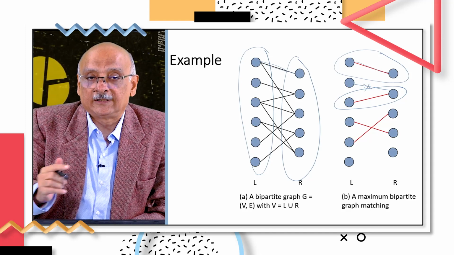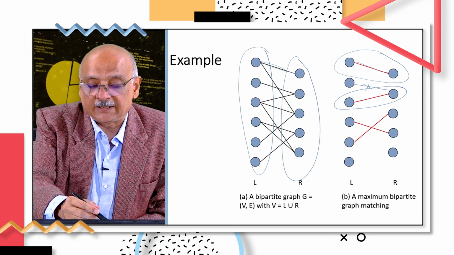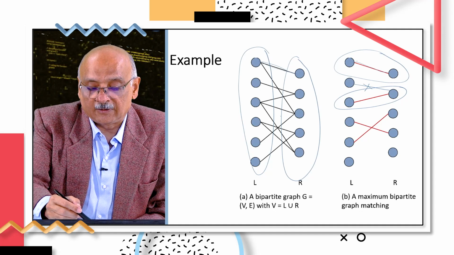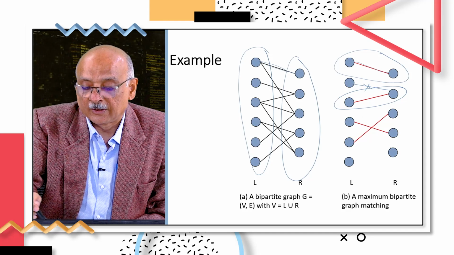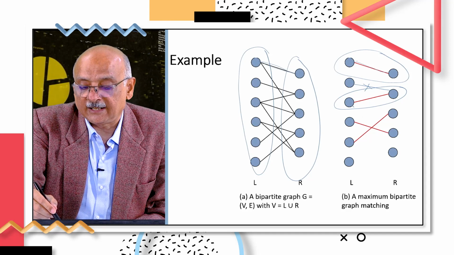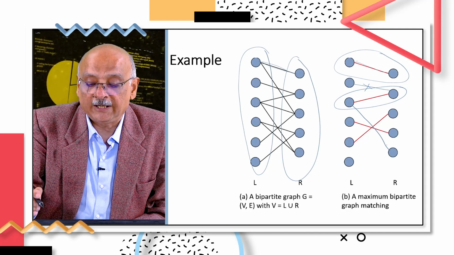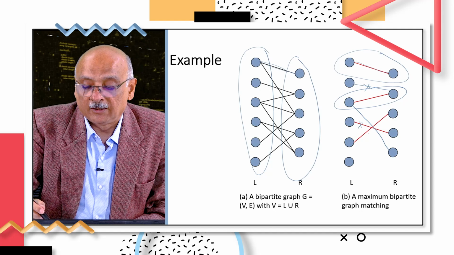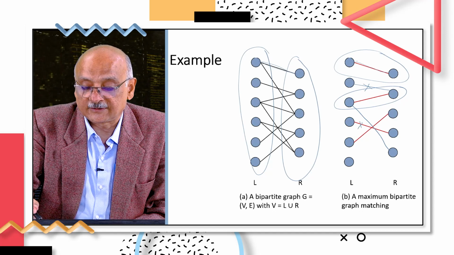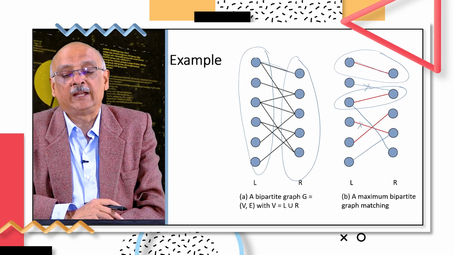Then comes the next. We can have an edge from here to here or an edge from here to here. Suppose we select an edge from here to here, that is perfectly okay. Then we select an edge from here to here, that is okay. But now this will no longer be required, and we can select an edge from here to here.